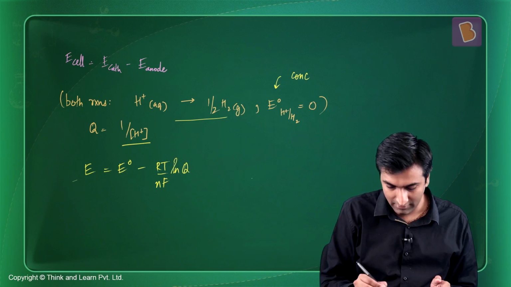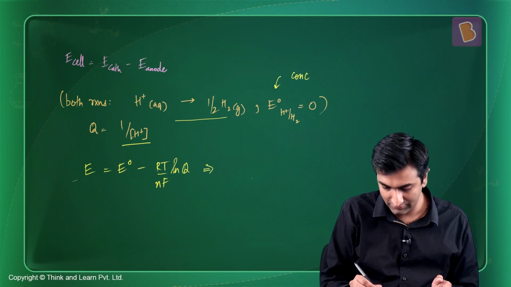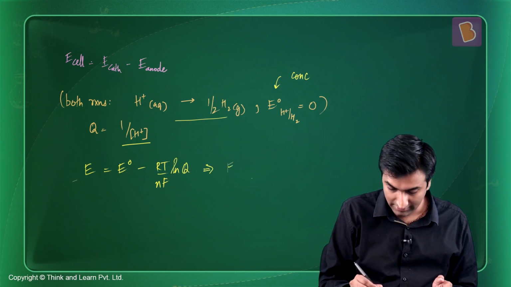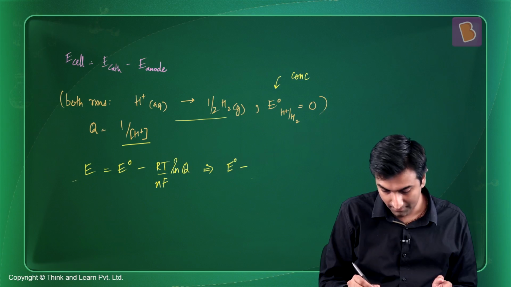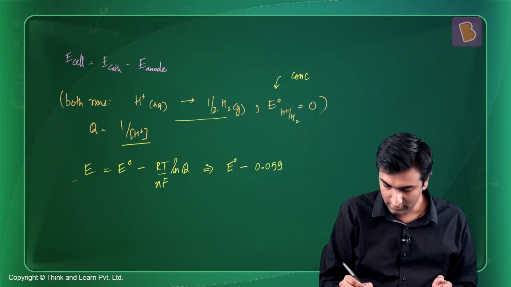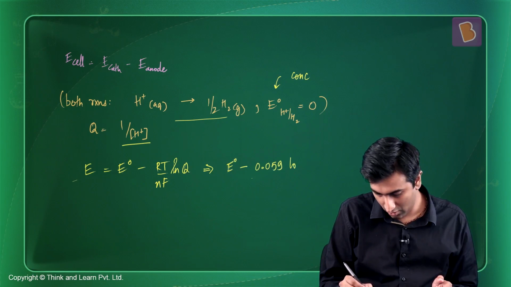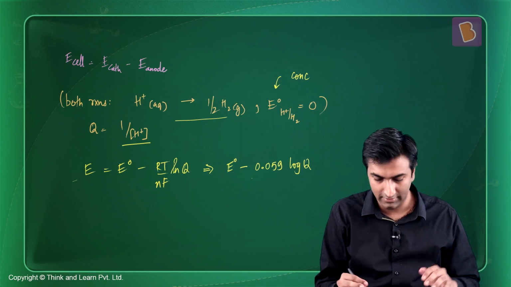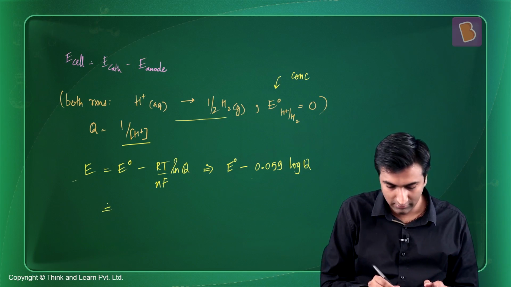Now, if I convert this to log and use the usual approximations, I get E naught minus 0.059 into log Q. This is a standard approximation that we use a lot, just substituting values.